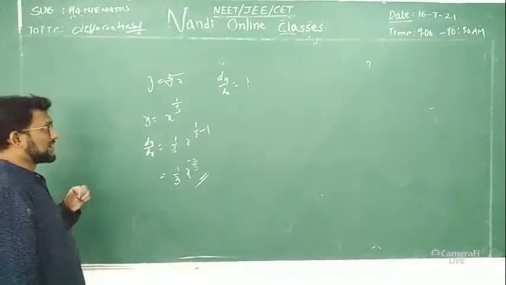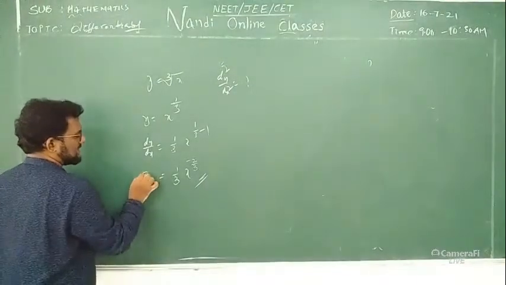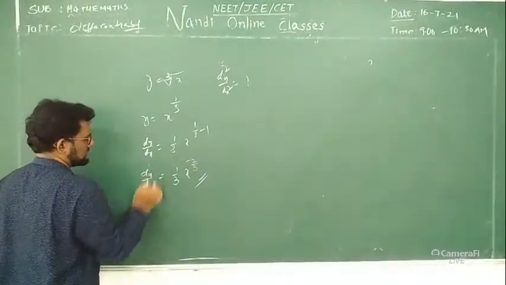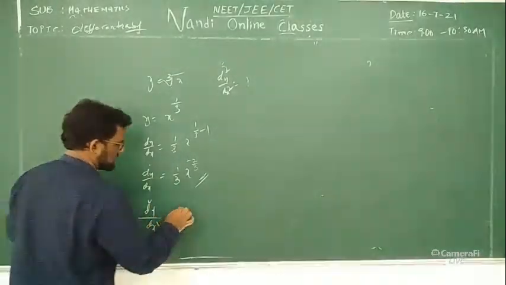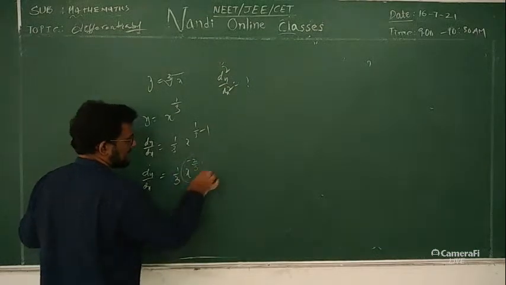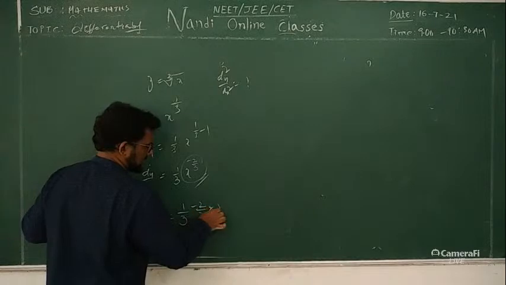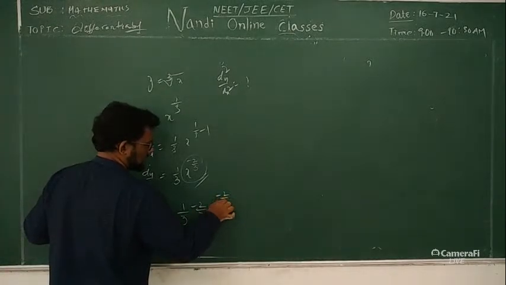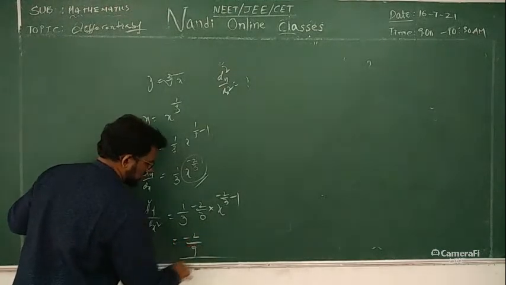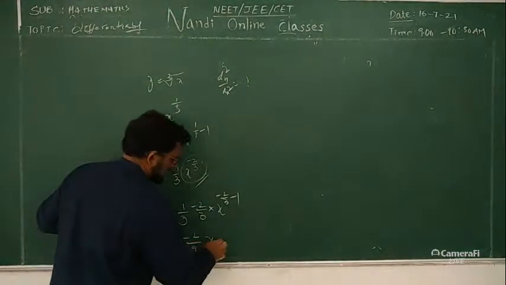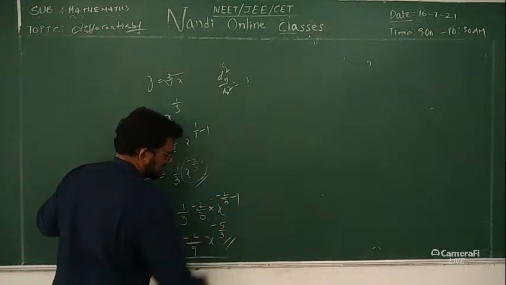If you are asked to find the second derivative, once again you should differentiate it. D square y by dx square is equal to 1 by 3, again it is in the form of x power n, that is minus 2 by 3 into x power (minus 2 by 3 minus 1). That is equal to minus 2 by 9 x power minus 5 by 3, which is the answer.